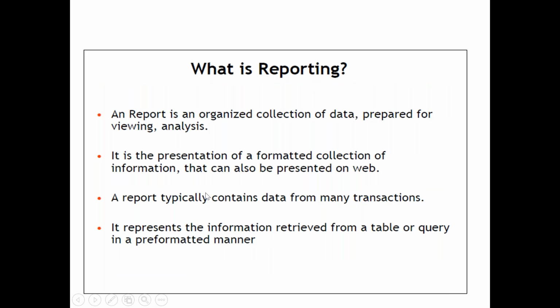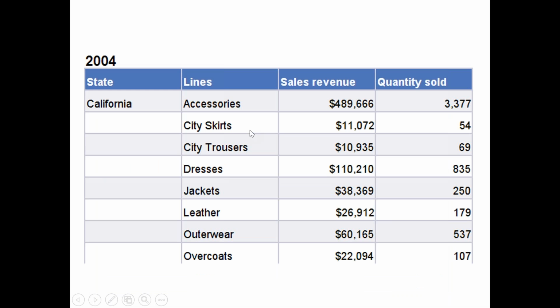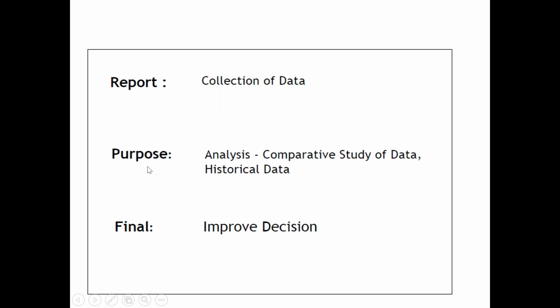So what is reporting? A report is an organized collection of data prepared for viewing and analysis. The purpose of the report, as I already told you, is that the end user is going to analyze their data and study the data with the historical information. Finally, they are going to take the decision to improve the business.